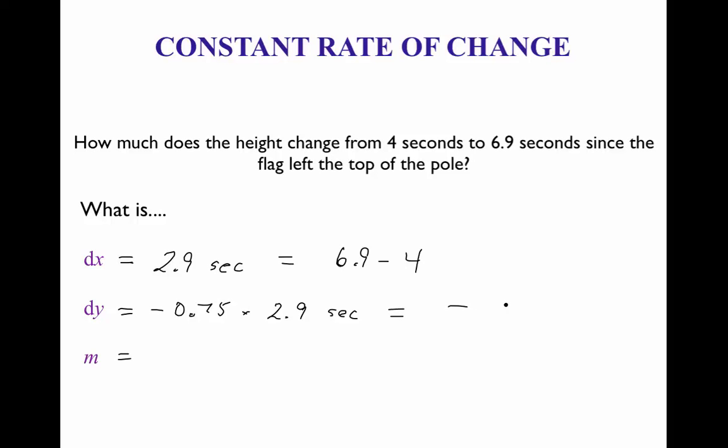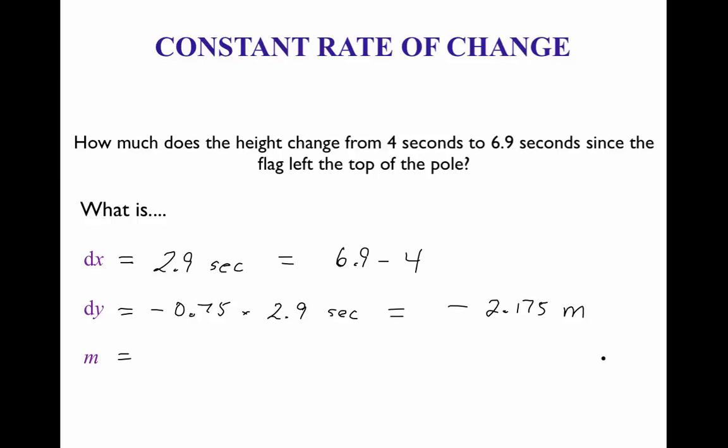What was the value for dy? What are the units on that? So is the flag below the ground? Is it 2 meters below the ground? Oh, so it's 2.175 meters down from the top? Is that what that means? Careful.